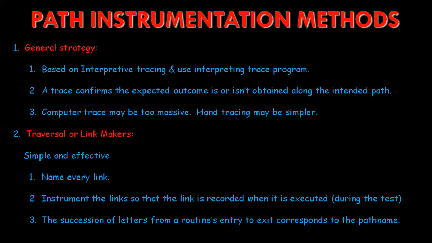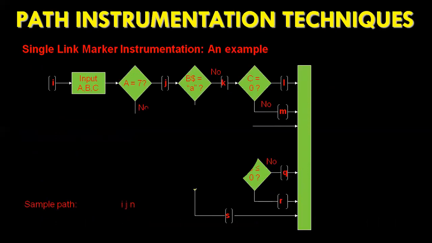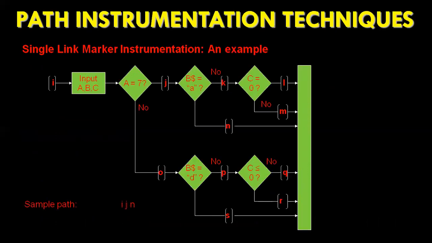Let us see simple link marker instrumentation. A single link marker may not serve the purpose, because there is every possibility of a bug which may result in a new link in the middle of the link being traversed. Why are single link markers not enough?